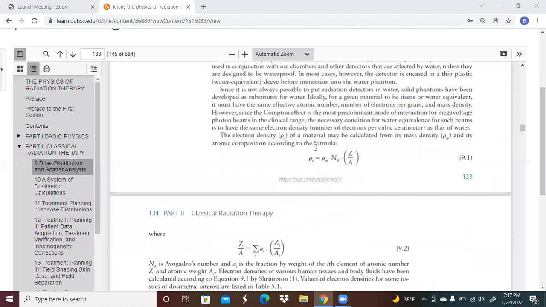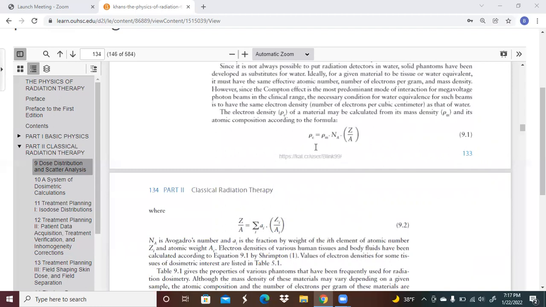So that's another reason why we go to this. Solid phantoms have been developed as substitutes for water to use with radiation detectors. For a given material to be tissue or water equivalent, it must have the same effective atomic number, number of electrons per gram, and the mass density. So with all of that being said, we need to be able to find some materials that fit that description.